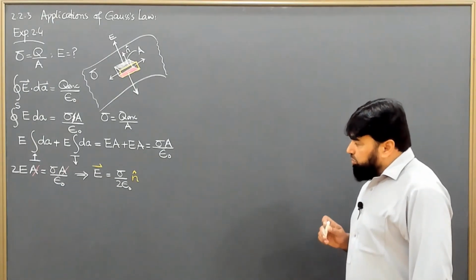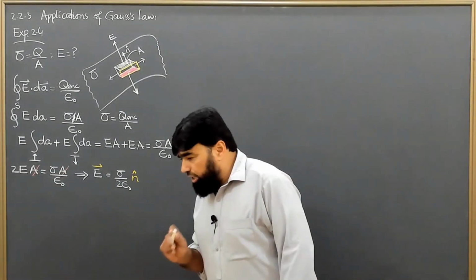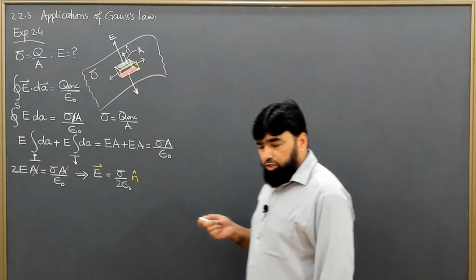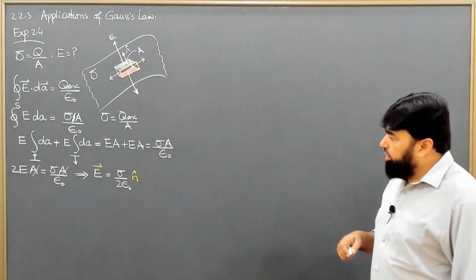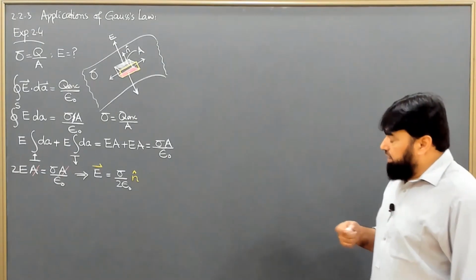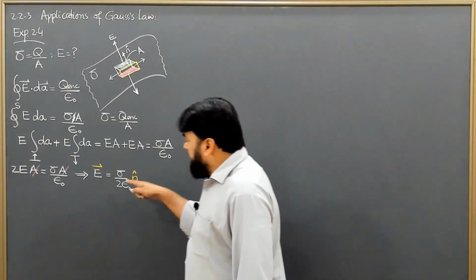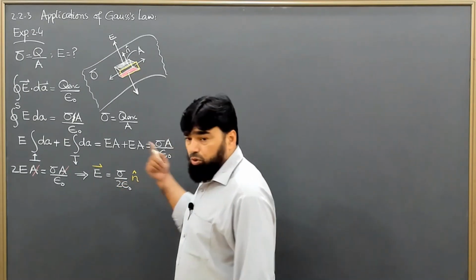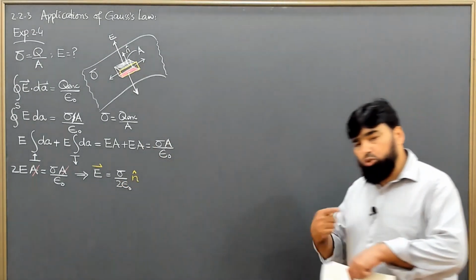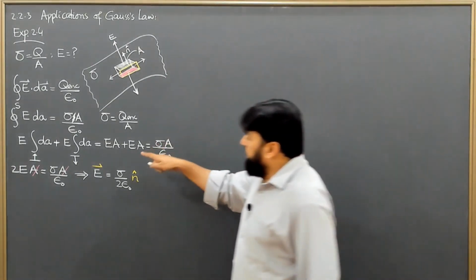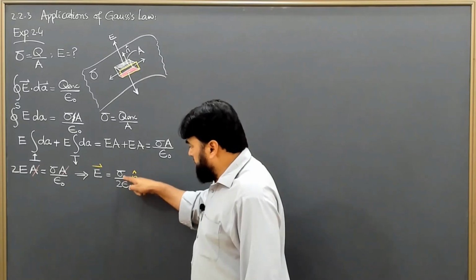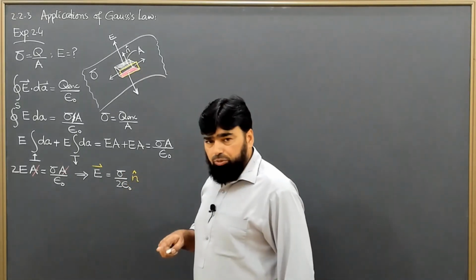Here we know that the electric field of a sphere, of a line charge, of a cylinder, they are all dependent on the distance from the source. But if I look here, the electric field is completely constant. This is sigma over 2 epsilon naught.